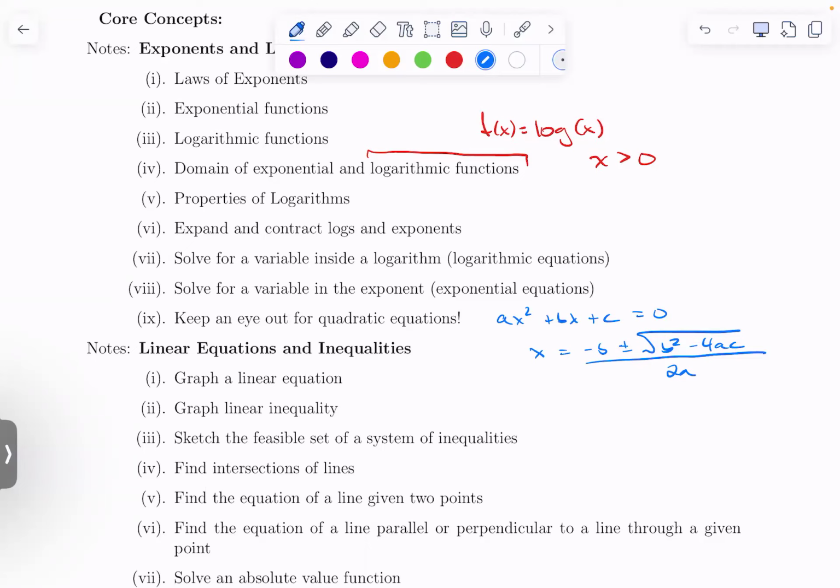Or a quick Google away, your calculator can probably do it as well. I don't really care, as long as you show me that this is what you would use. You can plug through and find the values, or you can just say, I use my calculator, here are the answers. Either way, it's fine.